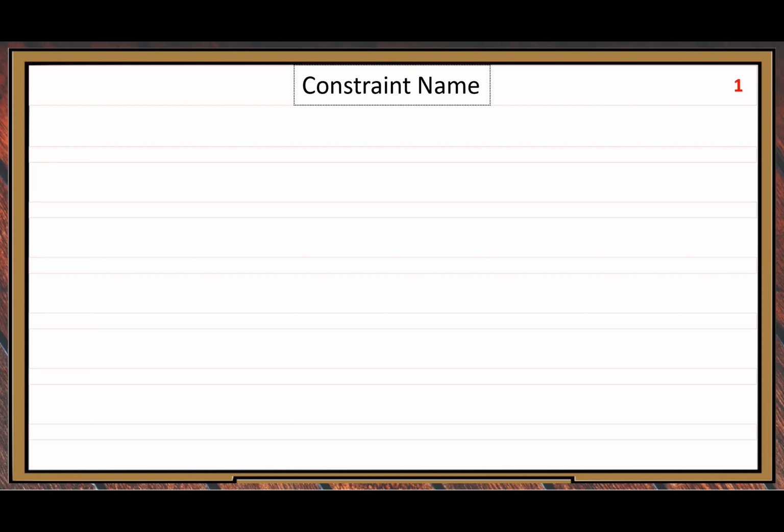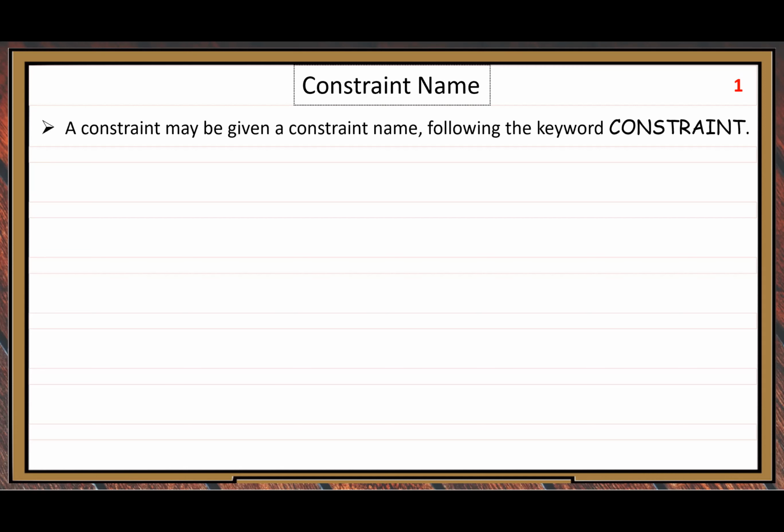Here, we just repeat the same thing: a constraint may be given a constraint name following the keyword constraint. Although it's optional, most of the time we'd better provide a name for our user-defined constraint.